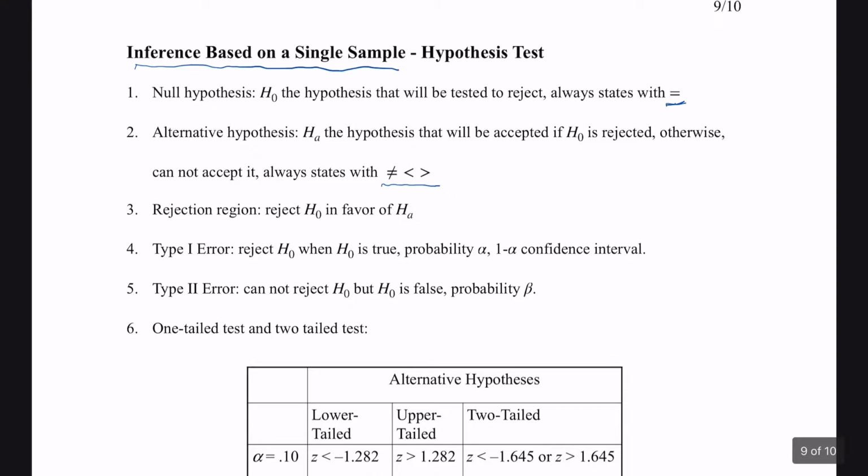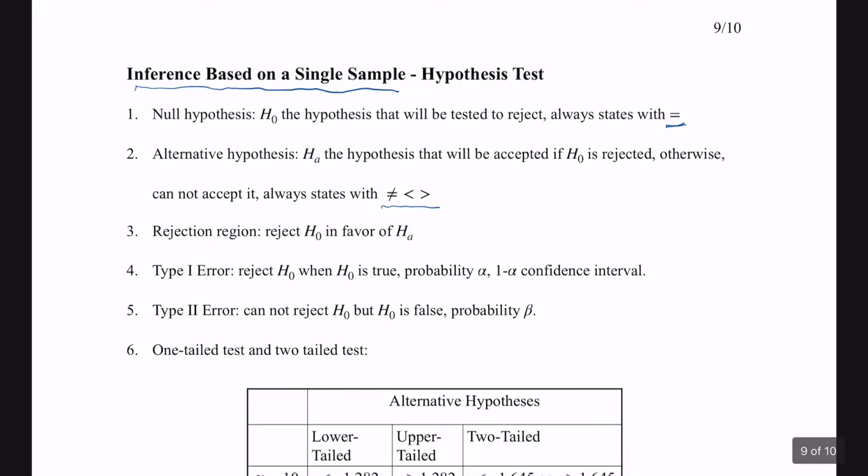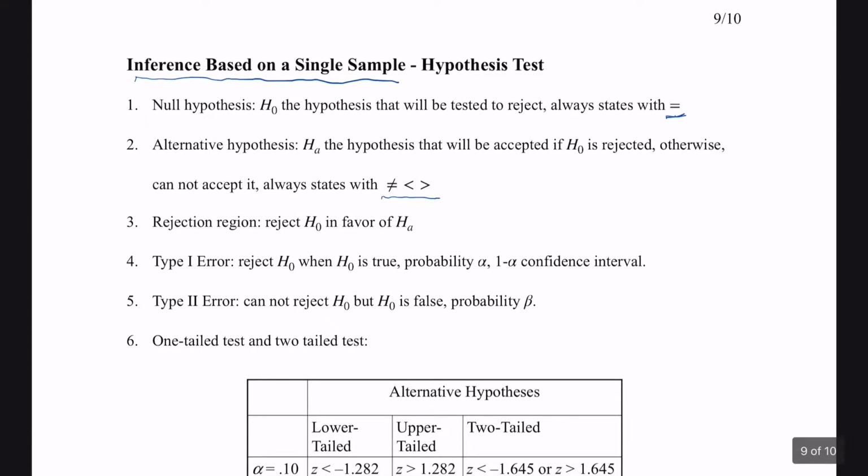The relationship between these two hypotheses is that for most questions, the alternative hypothesis is the hypothesis that you want to study.